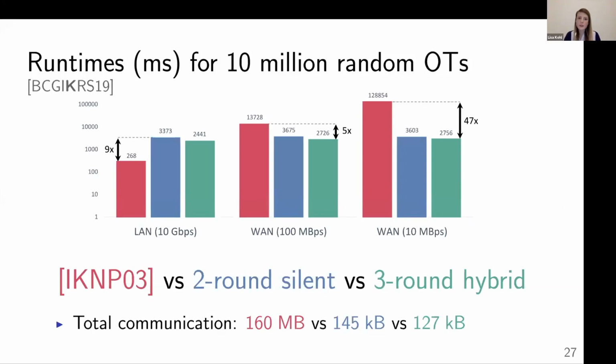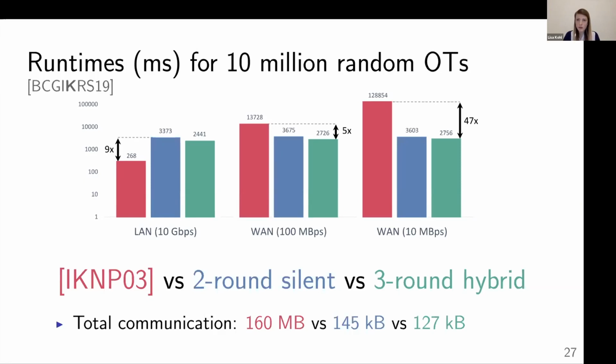As I said, the bottleneck of our approach is the computation. So if you have a very fast connection and a slow computer, then you still want to use IKNP. But as you can see here, IKNP goes from 0.2 seconds to something over 2 minutes.